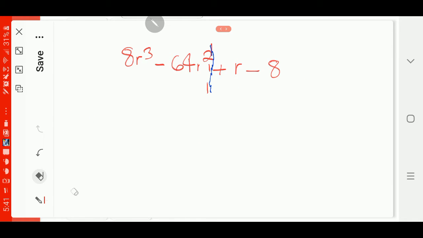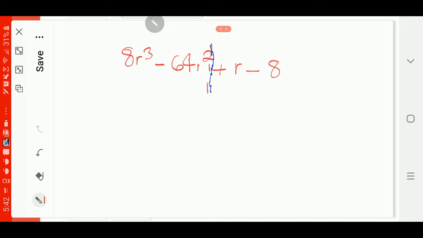All right, so what we now want to do is find the greatest common factor of 8r cubed minus 64r squared. This may seem intimidating, but it's very straightforward. What is the biggest factor of 8 and 64? What is the biggest number that multiplies into both terms?